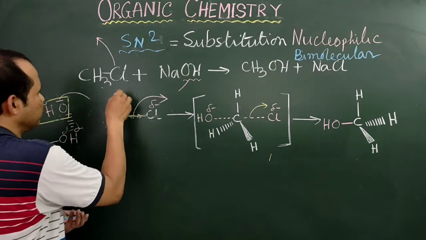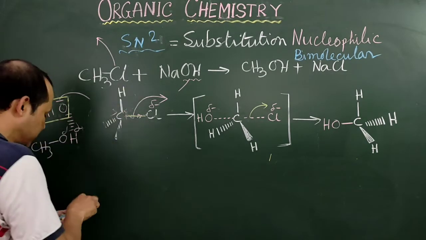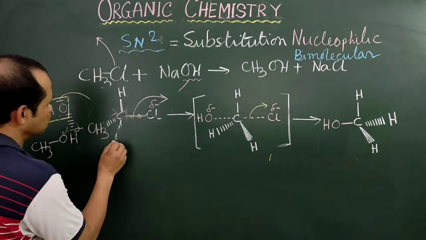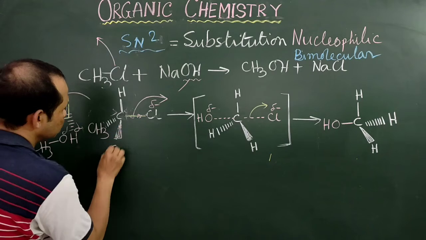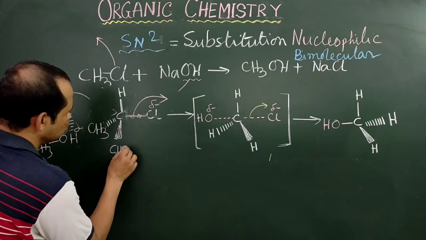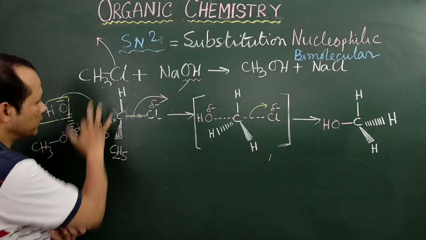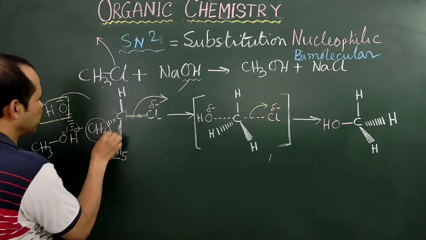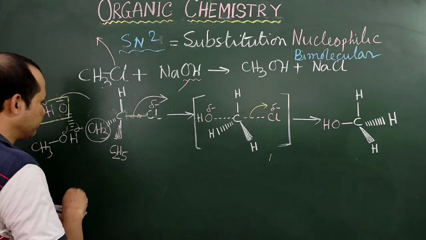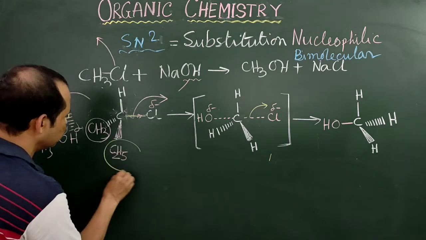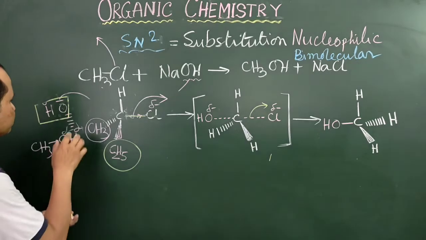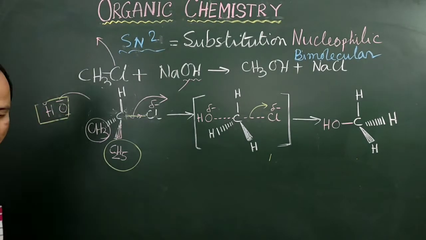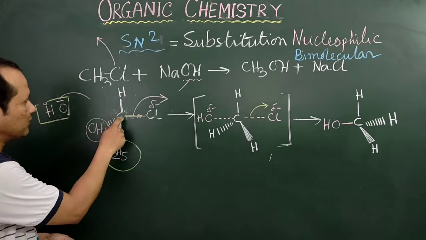Let us consider we are keeping one hydrogen there, this we are replacing by CH3 and this group by ethyl group C2H5. So what will happen if this OH group approaches towards this carbon?